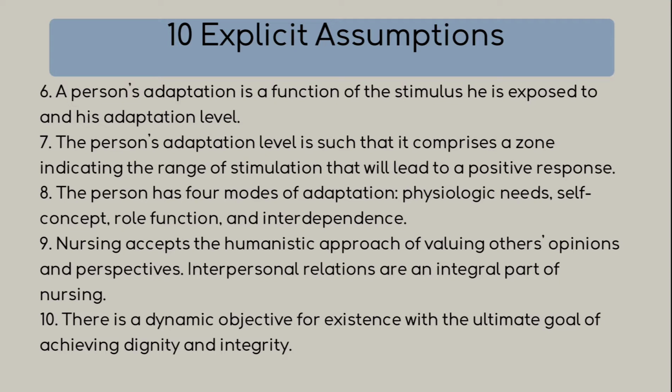Number 9, nursing accepts the humanistic approach of valuing others' opinions and perspectives. Interpersonal relations are an integral part of nursing. Number 10, there are dynamic objectives for existence with the ultimate goal of achieving dignity and integrity.